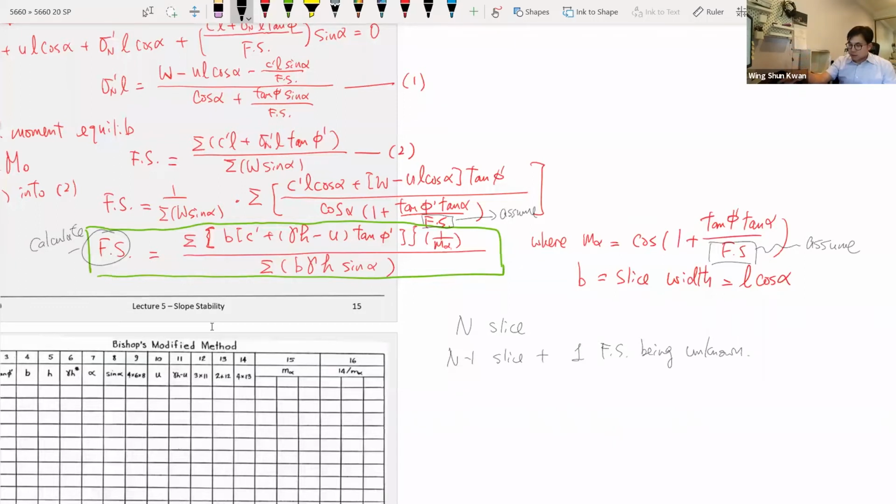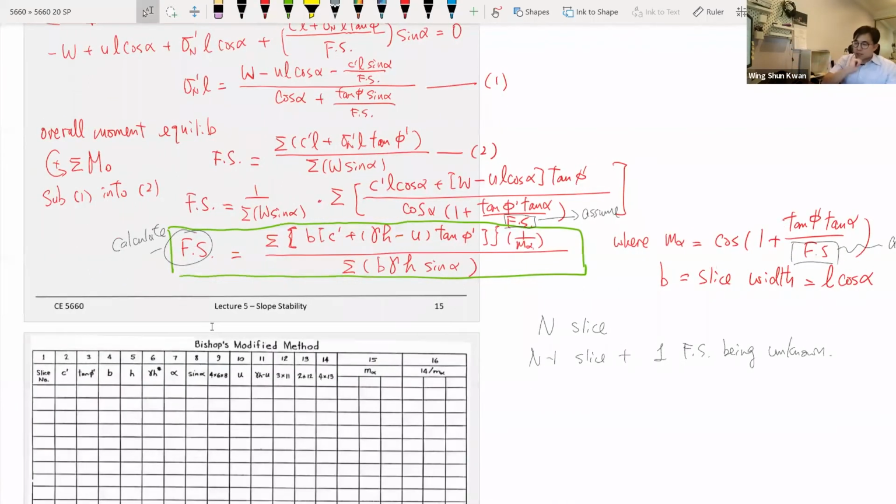And also this method is powerful because it can be used for both total and effective stress. And this is an effective stress form. So what we have now is the effective stress form. You can use it for effective stress analysis. And for total stress, let me put it here.